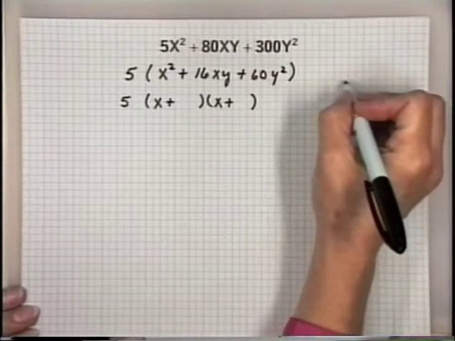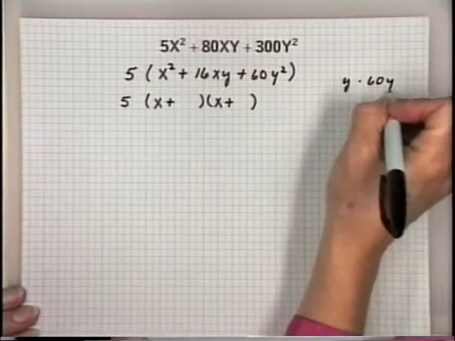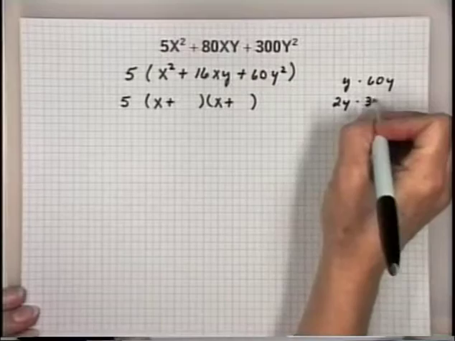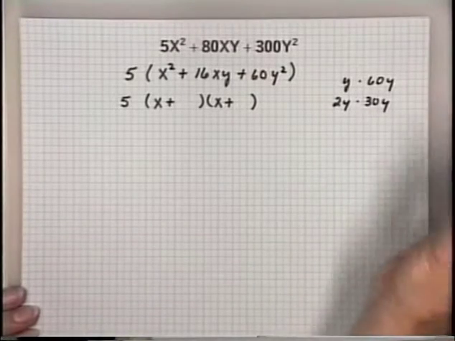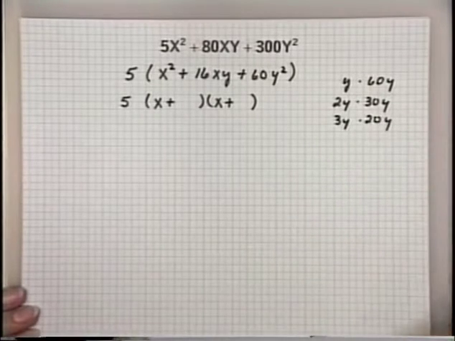To get 60y squared, we could of course have 1y times 60y. We could have 2y times 30y. We could have 3y times 20y. Let's see, will 4 go into 60?